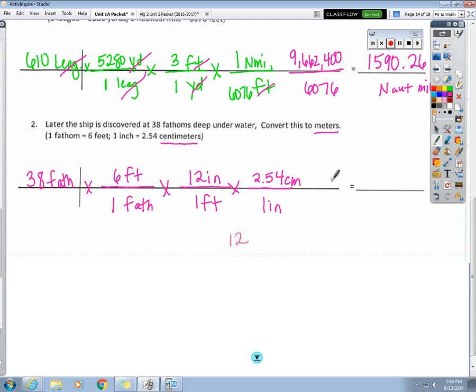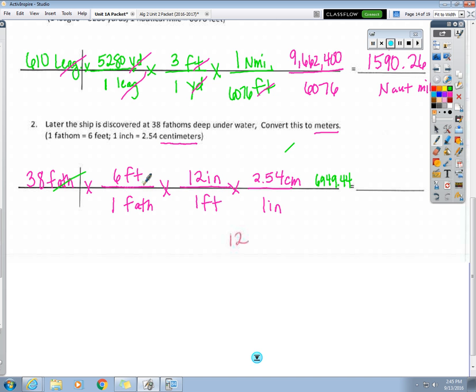Okay, now this is what I want you to do. Multiply those 4 numbers together and tell me what you get. 6,949.44. Okay, but that's in centimeters, remember?